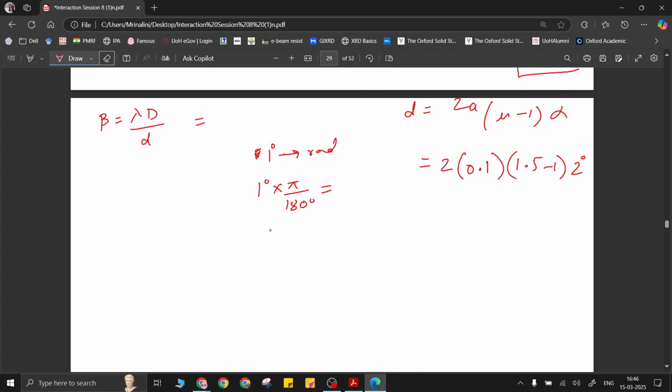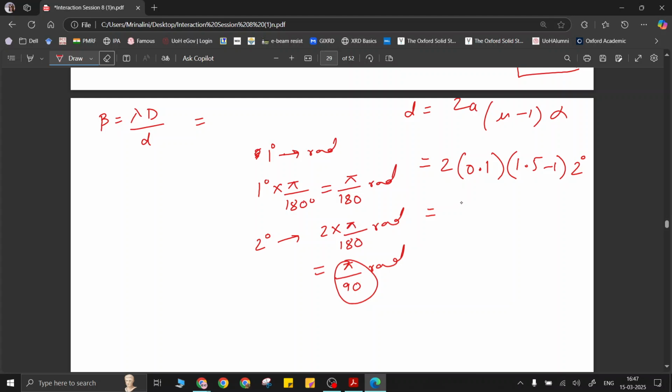Now I have to convert 2 degrees. So 2 degrees will be 2 times pi by 180 radian. That means pi by 90 radian. So whatever we calculate will be the value in radians.